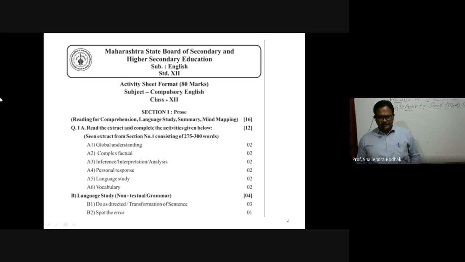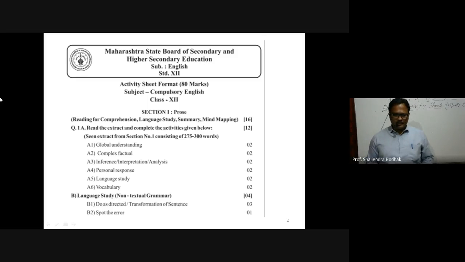Then we move on to next one, that is B section, that is language study, that is non-textual grammar. In that B1, do as directed, transformation of sentences. You know that there are different grammar sentences, and then you have to transform them, no?